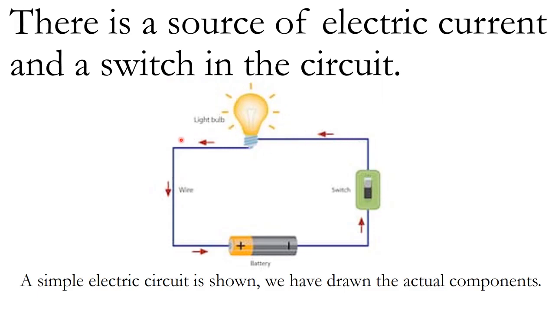The arrow in this diagram represents the direction of flow of electric current. In this diagram, a simple electric circuit is shown. We have drawn the actual components like bulb, switch and cell.